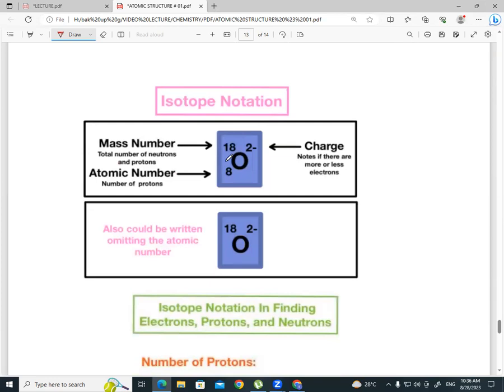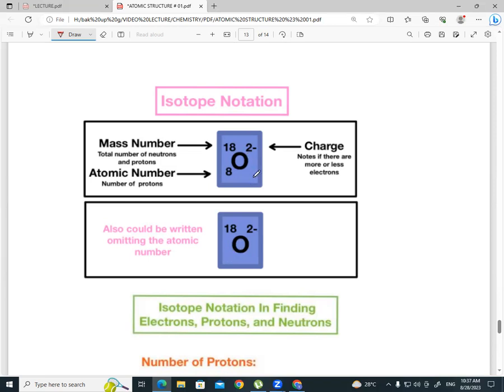See here, when we talk about isotope notations, this is oxide, and it has atomic number 8 and mass number 18. In the next one, because the atomic number is the same for all the isotopes, the atomic number can be omitted from the symbols.